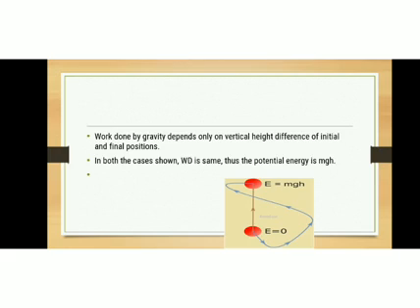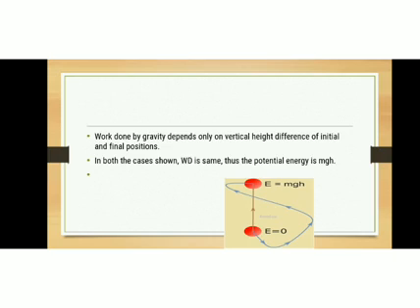Okay, so in the figure you can see the object has been raised from the point E equal to 0 to E equal to mgh through two different paths. One path is a straight path represented by this line, and another path is a curved path represented by this blue curved line. So in both the cases, whatever be the path chosen, the work done by the gravity will be same, because the initial position and the final position in both the cases are same.